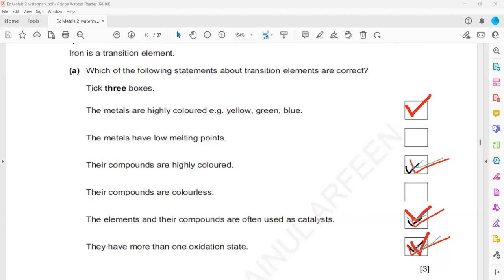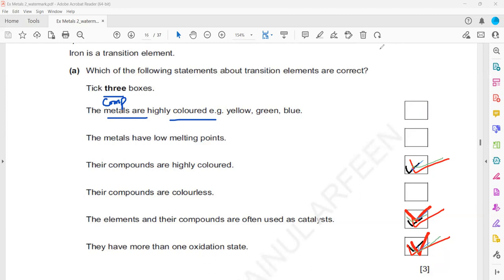Actually, if you read the question, you have to tick 3 boxes, and here I see 4. Why is this one not correct? Because the metals are highly colored. That is not correct. If it said their compounds are highly colored, then this would be a tick. But saying the metals are highly colored is not the correct statement.